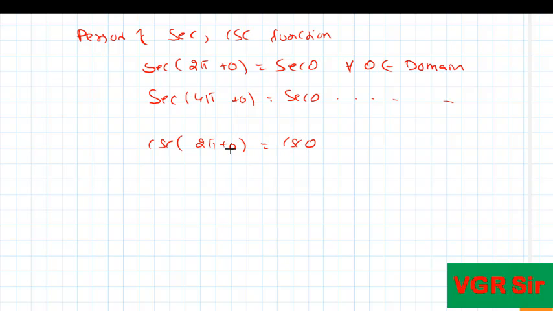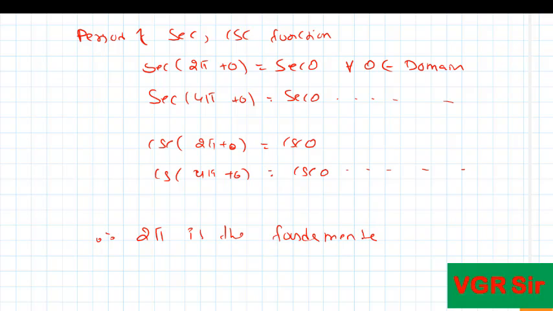Cosec of pi plus theta is not cosec theta, it is minus cosec theta. Observe that. Cosec of 4 pi plus theta equal to cosec theta, and so on. So therefore 2 pi is the fundamental period of sec function and cosec function.